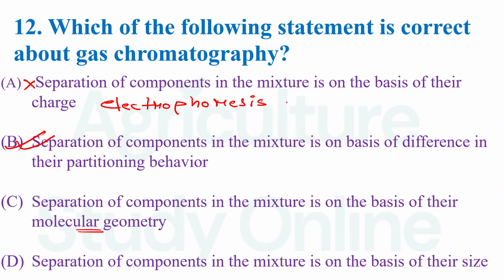And separation of the components on the basis of their size occurs in gel filtration chromatography. So the correct option is B, that gas chromatography separates the compounds based on their partition between the mobile phase and the stationary phase.